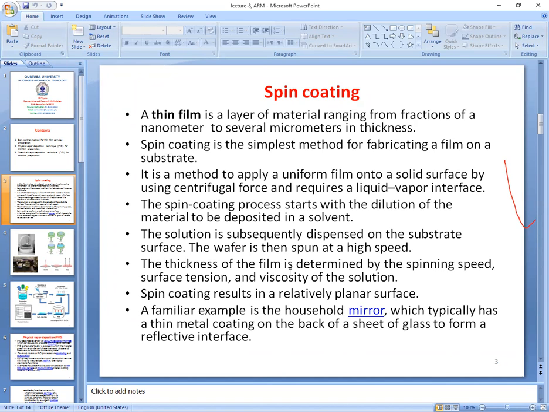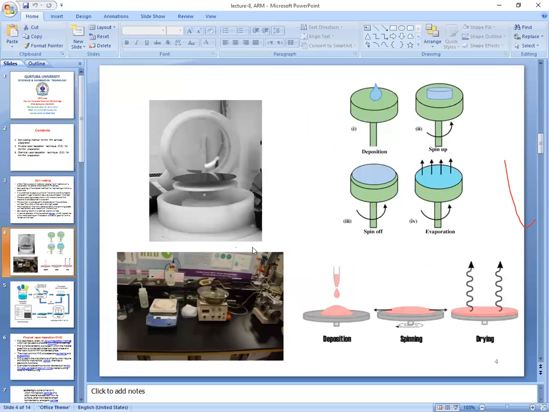We start from a solution, and the solution is deposited on a substrate, and then the substrate is rotated. It is spun with the help of the spin coater, and finally the film is dried and heat treated to get the final product.